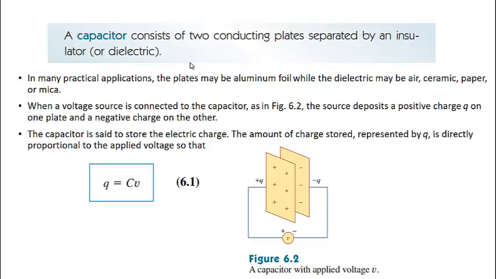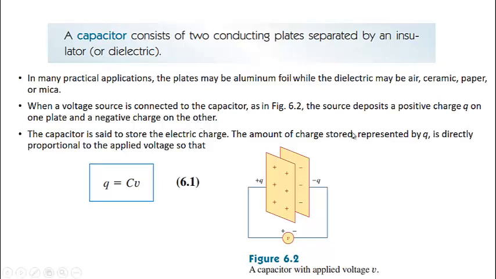When a voltage source is connected like this across the two plates of the capacitor, it deposits positive charge on one plate and negative charge on the other plate. So the capacitor is used to store electrical charge.